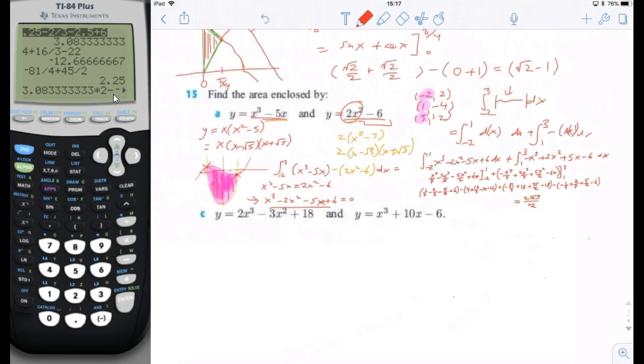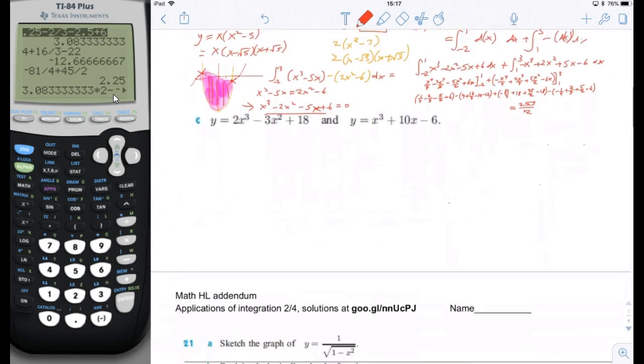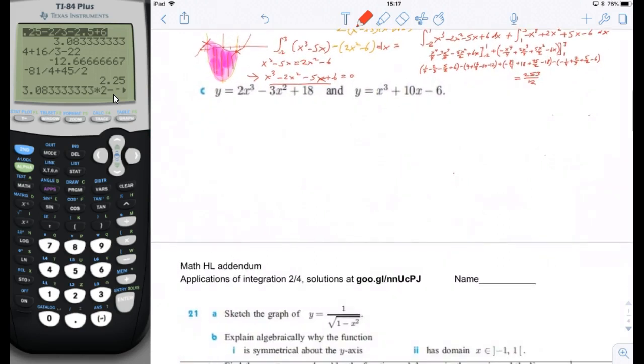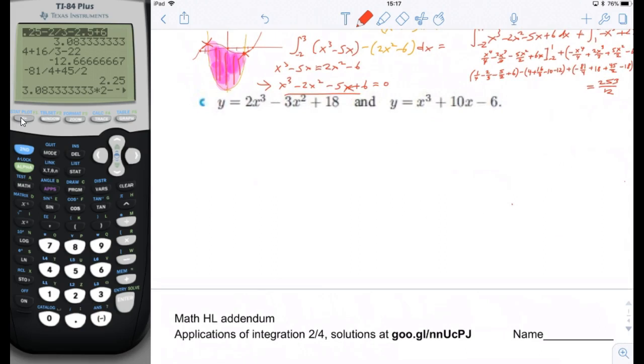Last one, 15C. y equals 2x cubed and so on, and y equals x cubed and so on. Okay, so this is similar to the last one, where we need to be careful maybe of how many intersections there are, and to see how many intersections there are, we could do it without the calculator by finding where these two are equal to each other.